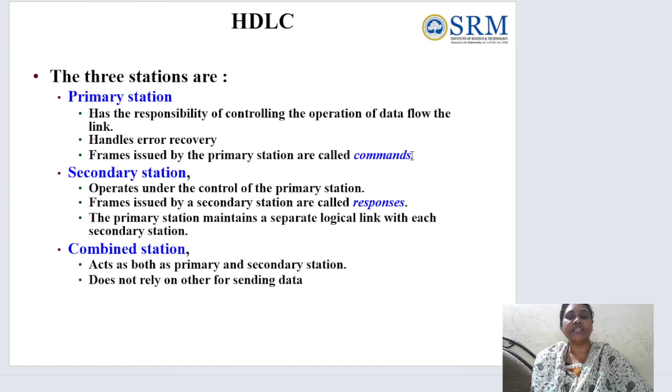The secondary station replies to the information, that is, it sends a response. The combined station means both can act in the system: primary applies command frames and secondary applies responses, and both can be applied for the combined station. So these are the three stations we are going to apply in the HDLC method.